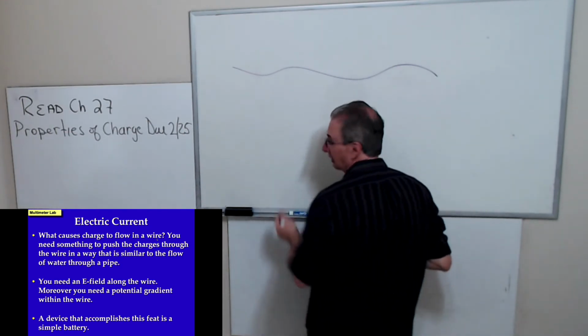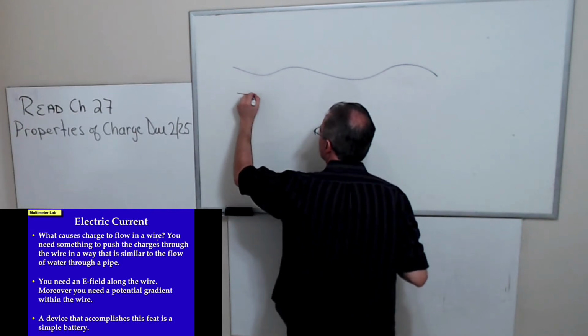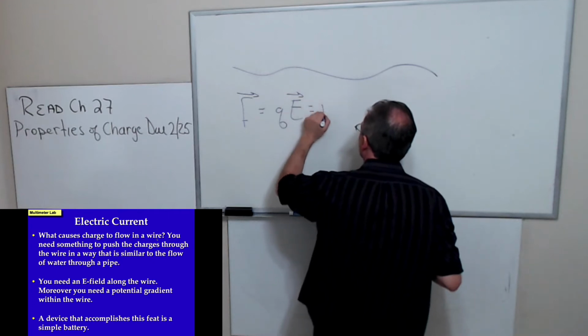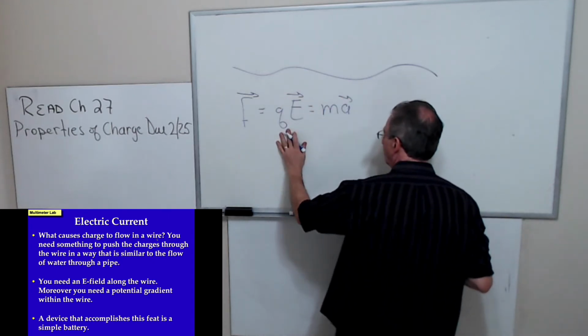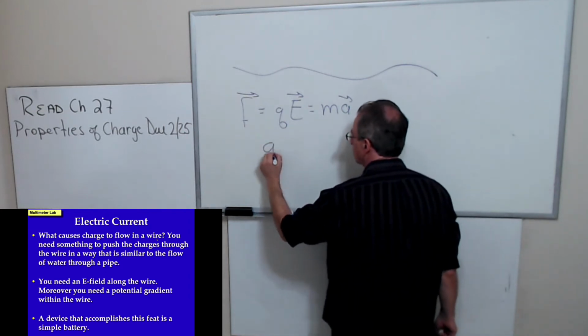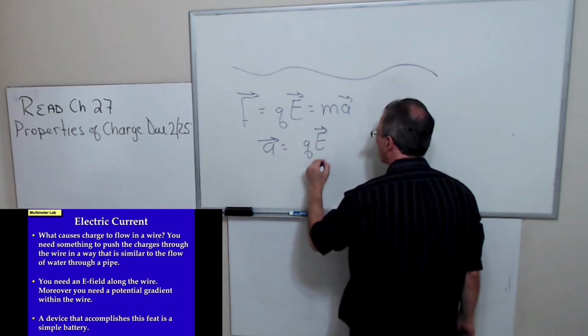On Tuesday, at the end of class, we wrote down this equation: if you put a charge in an electric field, it's going to experience an acceleration given by qE over m.